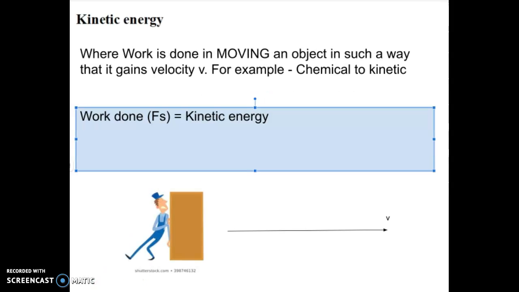Right, we're going to see if we can derive the equation ½mv² from the expression for work done. Well, where does work come into it? Well, when you do work, for example, in moving an object in such a way that it gains velocity. So if you're pushing this piece of furniture in a straight line, it will gain a velocity v.